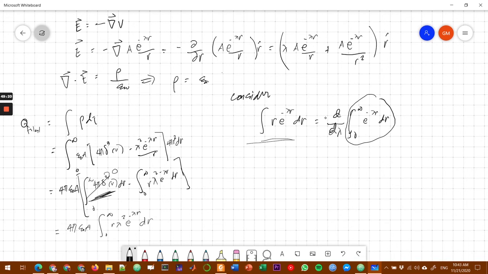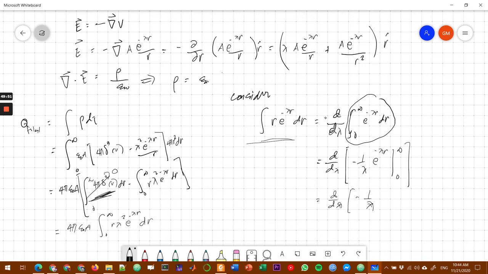So the integral would be d over d lambda of negative 1 over lambda times e to the negative lambda r from 0 to infinity. Okay? And if you do that, that would be negative 1 over lambda.